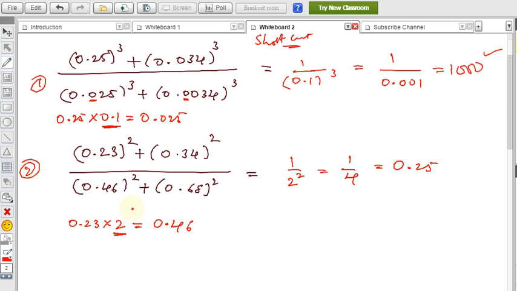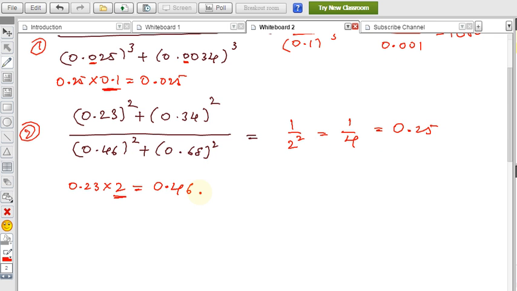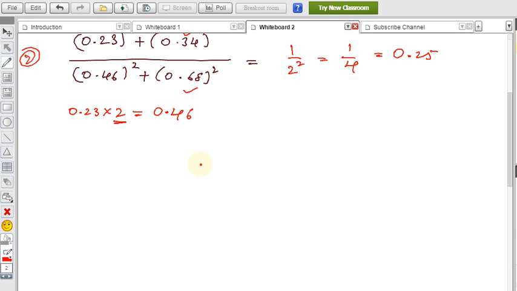Whatever the numerator is multiplied by gives the denominator number. Similarly 0.34 into 2 is 0.68, so 1 by 2 we can take. Let me write one more similar example. You can check 2-3 examples and you'll get a clear idea.